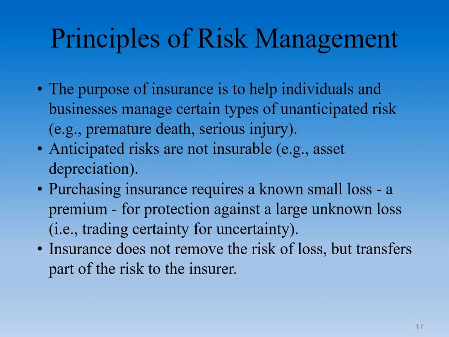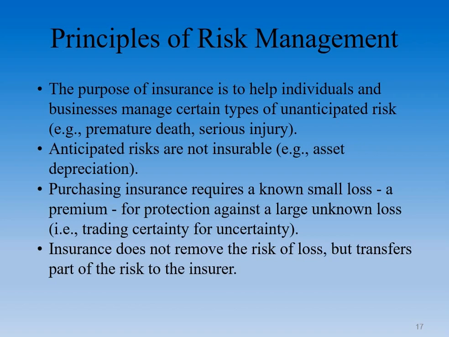Different principles of risk management. The purpose of insurance is to help individuals and businesses manage certain types of unanticipated risk, for example, premature death or serious injury. There are anticipated risks that are not insurable, like asset depreciation.